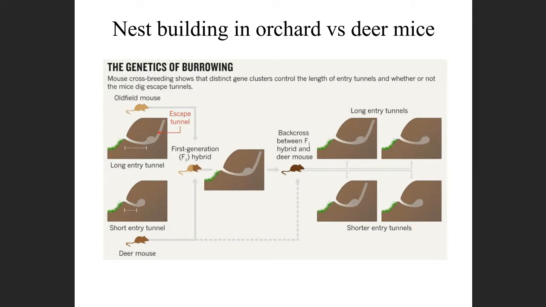So this is a nice example of two traits, each one being recessive, if that makes sense, and assorting independently, right? Why are you getting 50-50 and not 3 to 1? Because this isn't a dihybrid cross, right? This is a backcross.